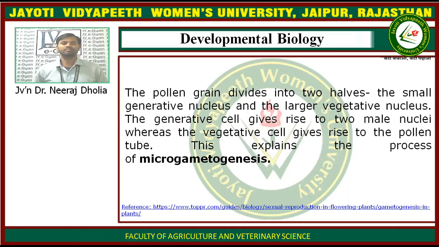The pollen grain divides into two halves, and two nuclei are there, one the small generative nucleus and the other the larger vegetative nucleus. According to the nuclei, there are two cells in one pollen grain. One is the generative cell, which will give rise to two male nuclei, whereas the vegetative cell gives rise to the pollen tube.